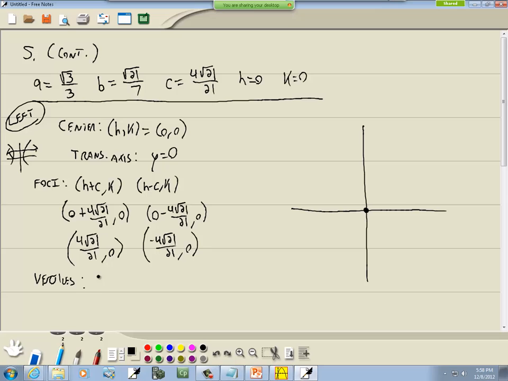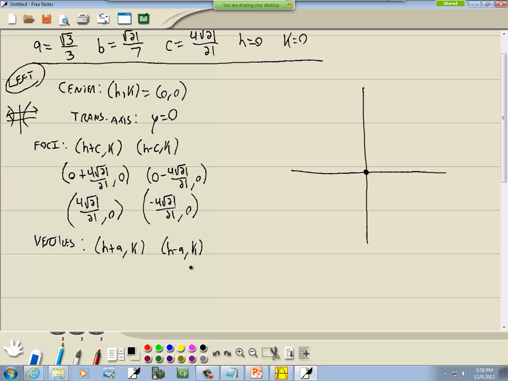Okay, our vertices would be H plus A, K, and H minus A, K. Well, H is 0, so we've got 0 plus A, which is square root of 3 over 3, K is 0, and this would be 0 minus square root of 3 over 3, 0.